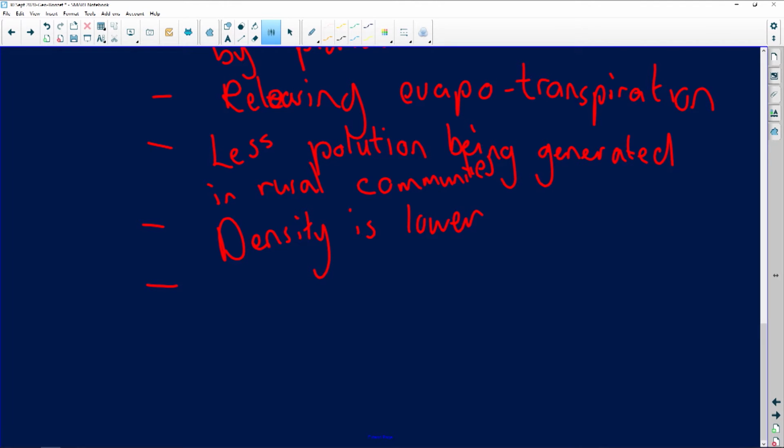Now, all of these people contribute to that factor. We're talking about heating, we're talking about cooling. And we're talking about deforestation taking place because people tend to move there, creating more artificial surfaces. Very important. So the density is lower, we can mention that, and we can also say the building heights are lower.